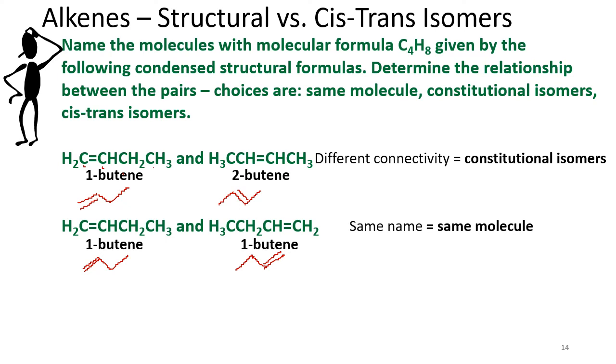Remember, we're representing molecules which are objects, and how we draw them depends on our perspective or how we choose to orient the molecule. Both are perfectly fine. There's no rule that says we have to draw the double bond on the left. We could draw it on the right. It's the same molecule.